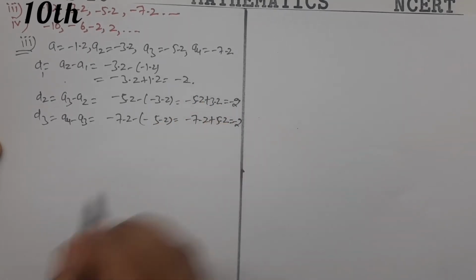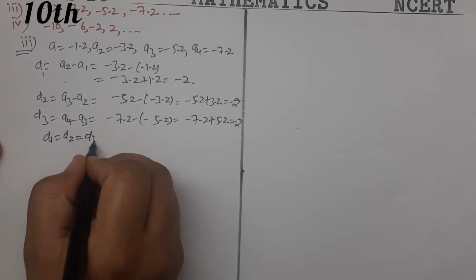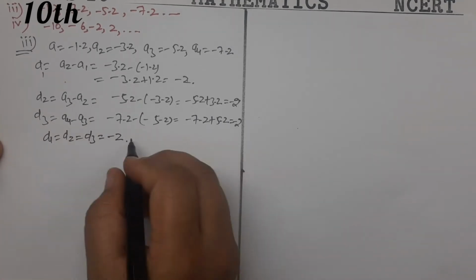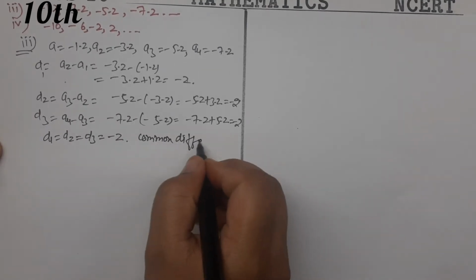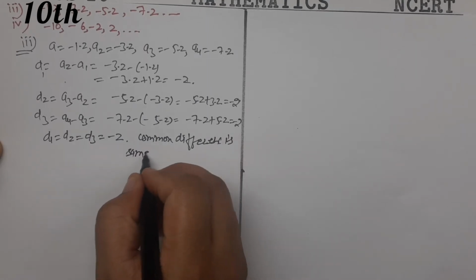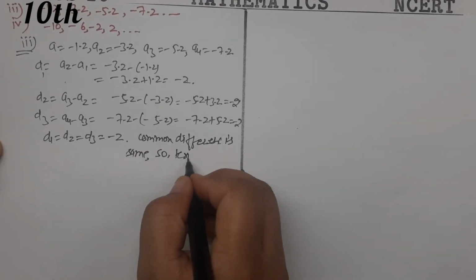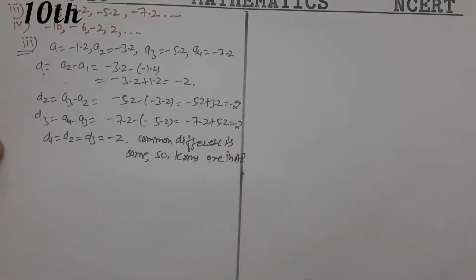Here d1, d2, d3 are the same. The common difference is the same. So the terms are in AP.